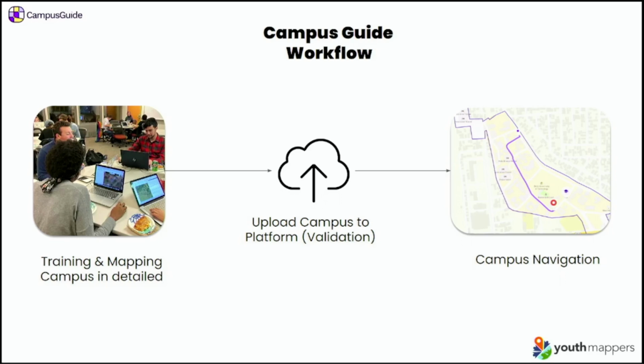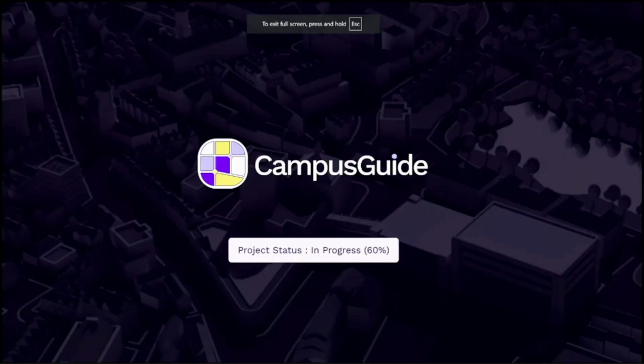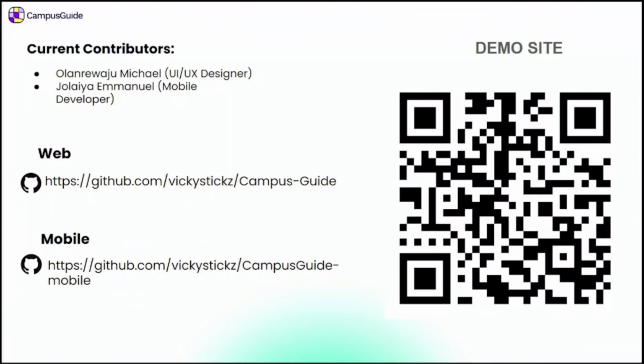Once the validation is done, that university can be used for navigation with the OSM data. This is currently in development, and with a couple of YouthMappers developers, we have built this to about 60%, and the information about the project can be accessed there.